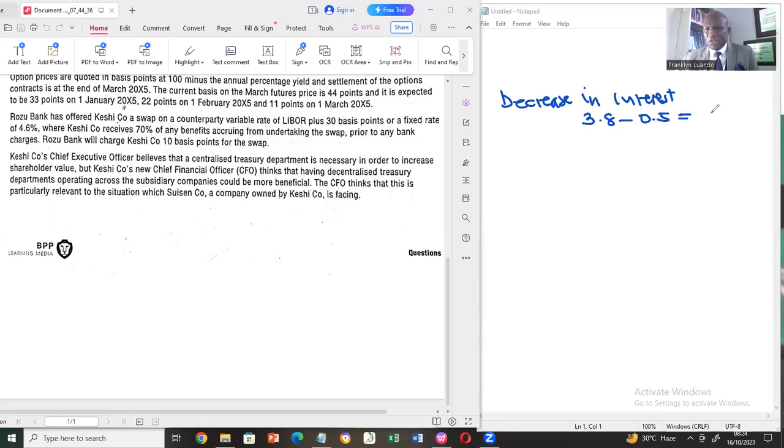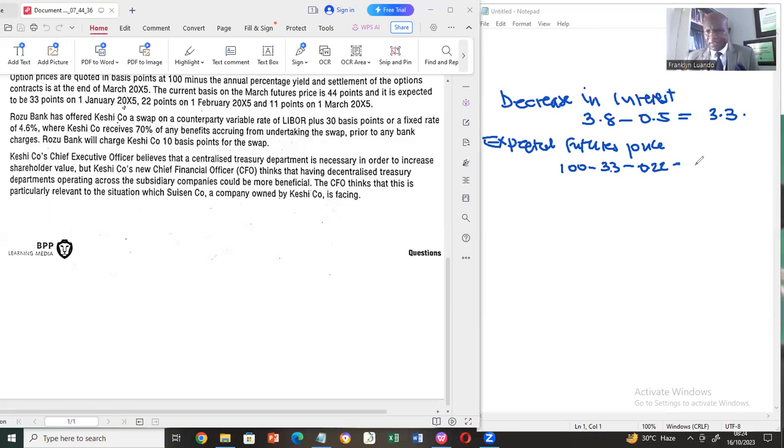The interest will be 3.3. So the expected futures price will be 100 less 3.3, less the basis.